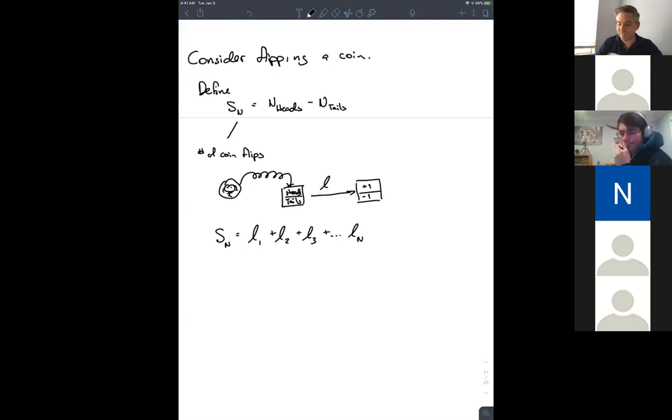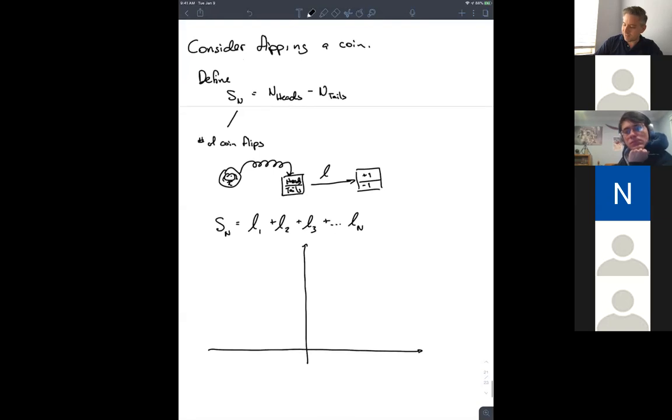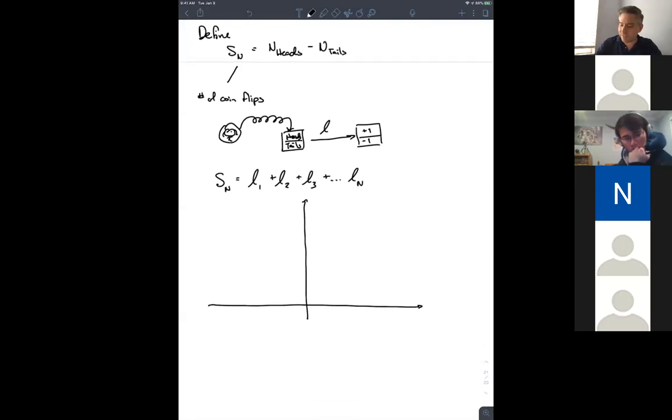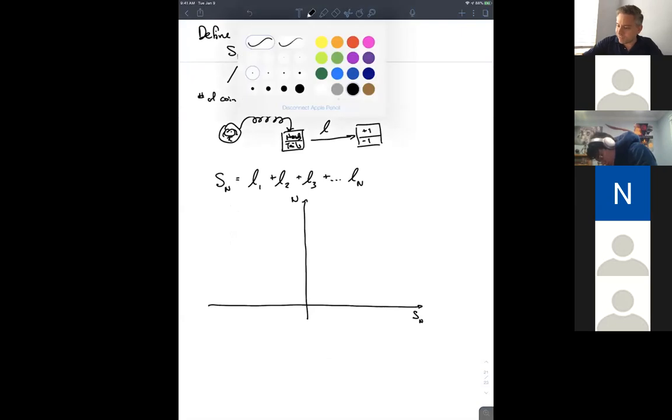All right, very good. So in other words, what I'm doing here, let me draw this graphically. On my coordinate axes, my vertical axis is going to be n, the number of coin flips I have. The x-axis is S sub n. Let me switch to a different color so we can see it.